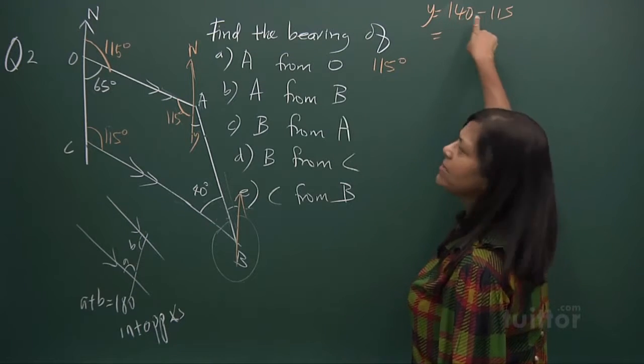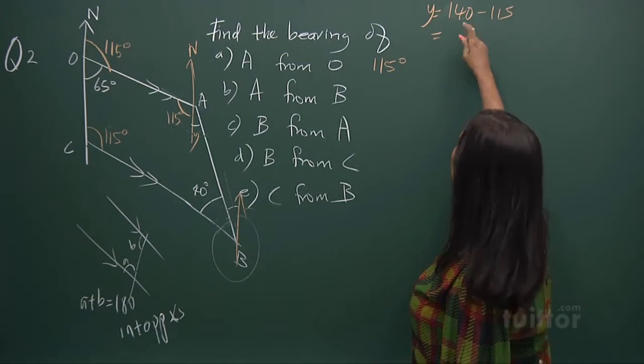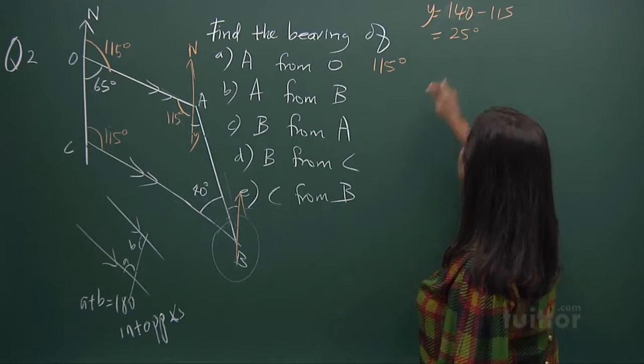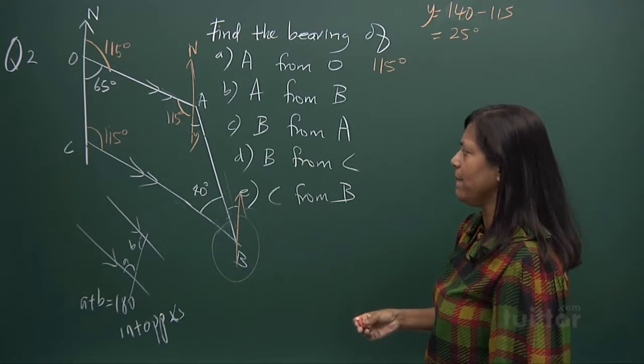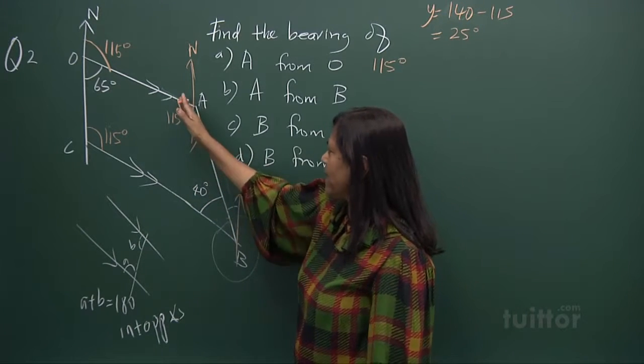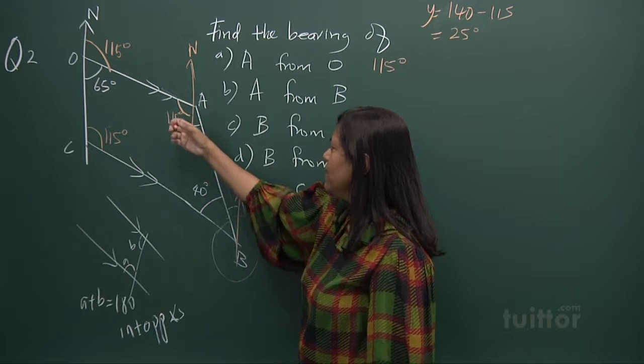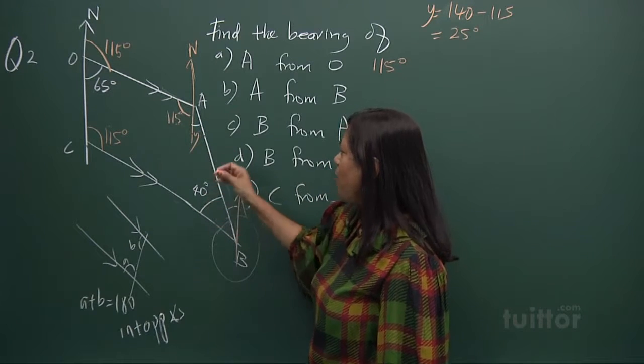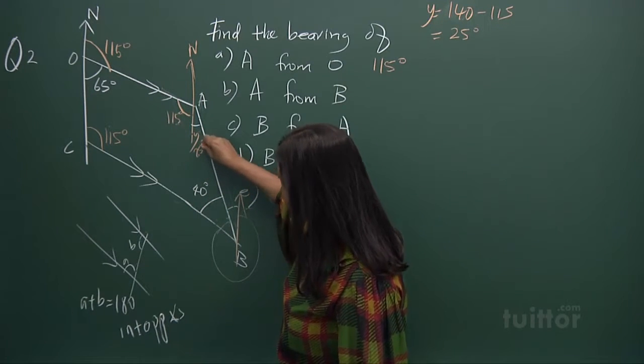Alright? So 100 take away 100 is gone. 40 take away 15 will give us 25 degrees. Got it? So these two are interior opposite angles. This should be 140. This is 115. Your Y is 25 degrees.